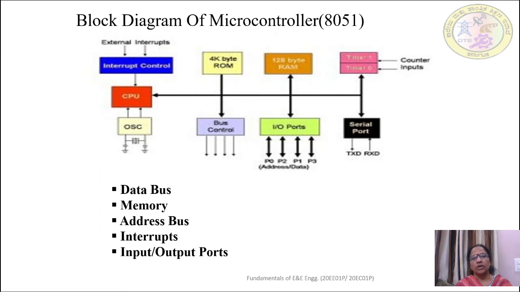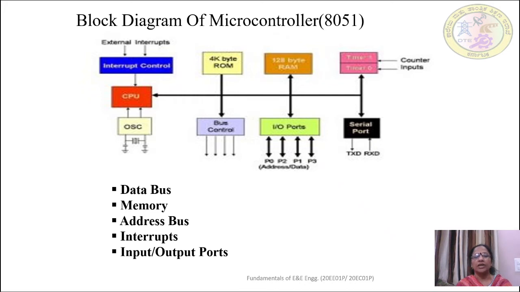Students, this is the block diagram of the microcontroller 8051. In the block diagram, you can see many different blocks, and these blocks are connected using the data bus and address bus. First there is the interrupt control block, to which the external and internal interrupts will be applied.